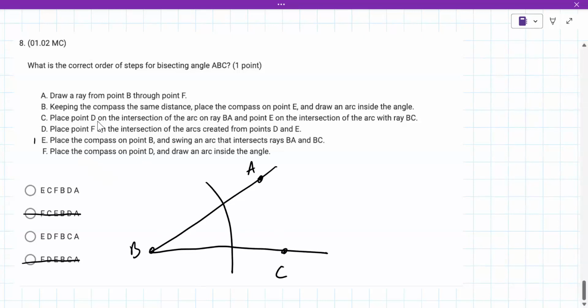Right where the arc intersects BA, that would be point D, and point E, or place F on the intersection of the arcs created from D to E. So again, it's got to be C, that's the only reasonable one. And now you've got your answer here.